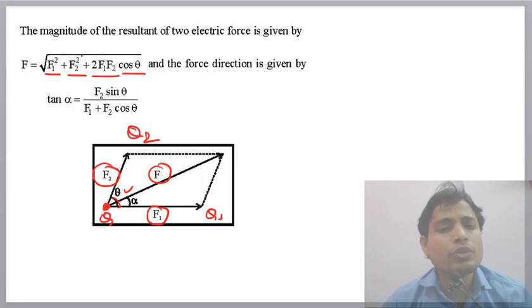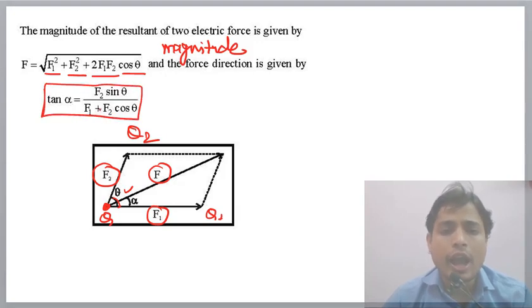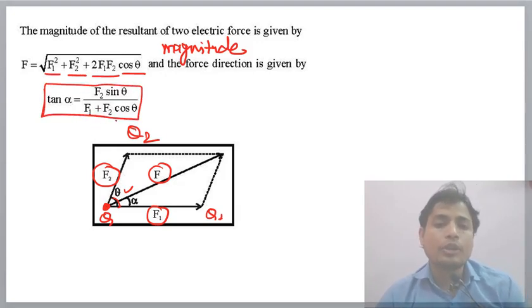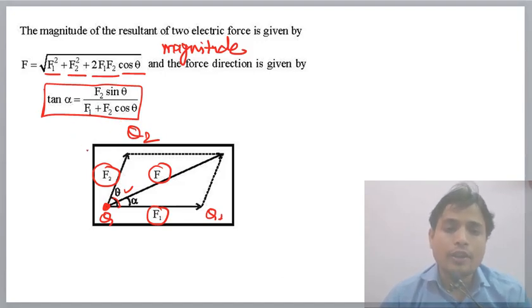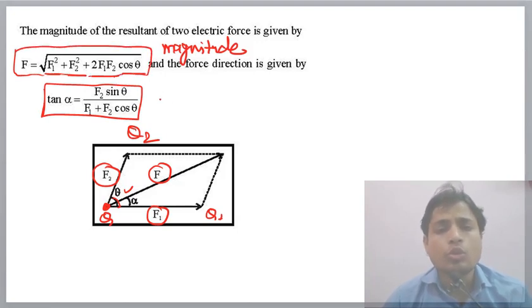Okay, this will give the magnitude of the net force. And what is the direction? The direction can be given by this formula: tan alpha is equal to f2 sin theta upon f1 plus f2 cos theta, where alpha is the angle from the first vector, the f1 vector. Okay, this formula is from class 11th. You know this formula. This is the addition of two vectors.